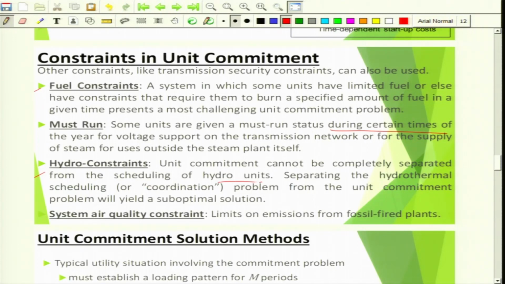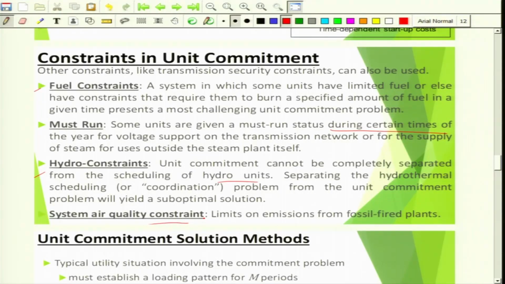So scheduling of hydro and thermal power plants to meet the load demand, where the hydro power plant has its own constraints, and many environmental constraints also, and thermal power plants have their own constraints. Bringing two different constraints together, the problem complexity further increases. So hydrothermal scheduling is more complex, but it is more practical and relevant.